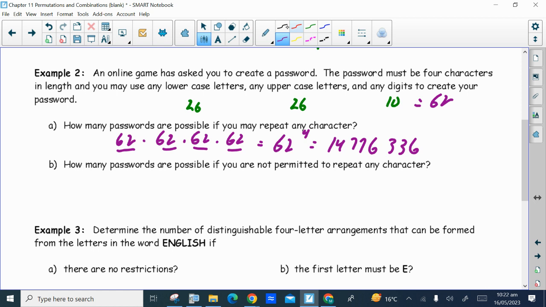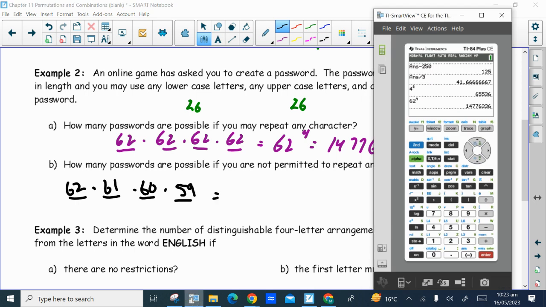Part B, though, says, what if you are not allowed to repeat any characters? So this would mean that you'd have 62 choices for the first character, but then 61 for the second, then 60, then 59. So 62 times 61 times 60 times 59.